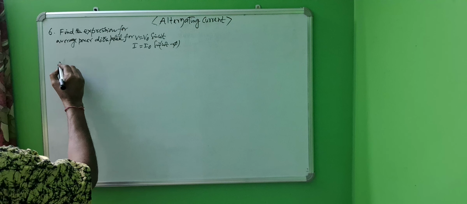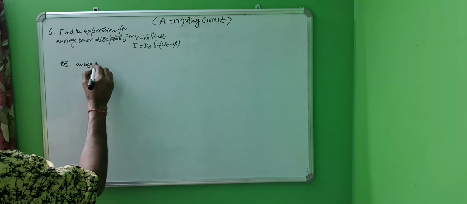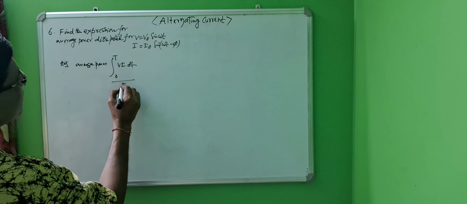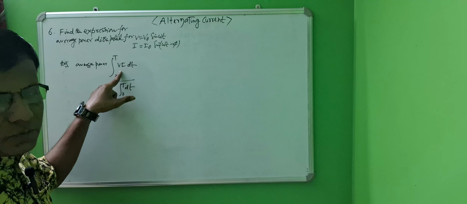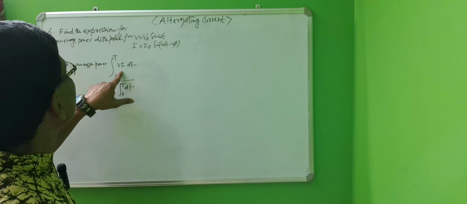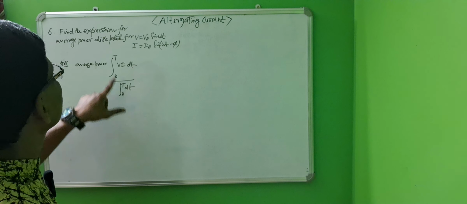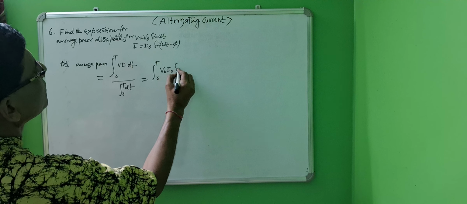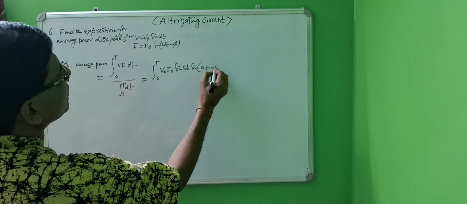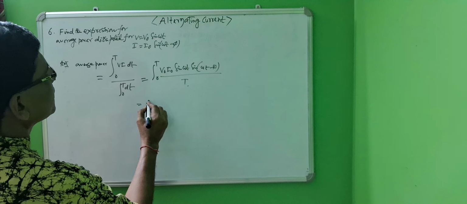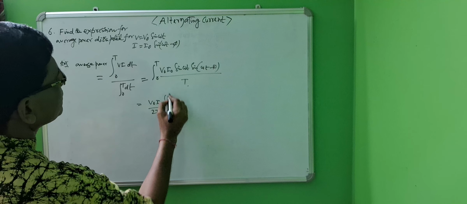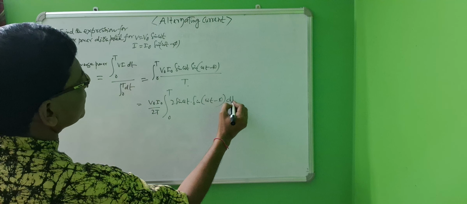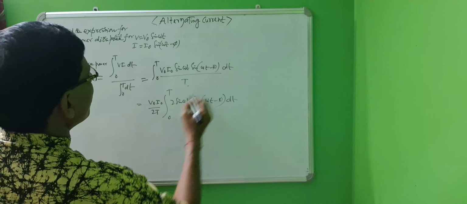So the answer to the problem: average power equals the integral of V I dt, divided by T. V into I is the quantity known as power, and by integrating dt you get average power equals the integral from 0 to T of V0 I0 sin omega t sin of omega t minus phi, divided by T, equals V0 I0 upon twice T, times the integral of 2 sin omega t sin of omega t minus phi dt.